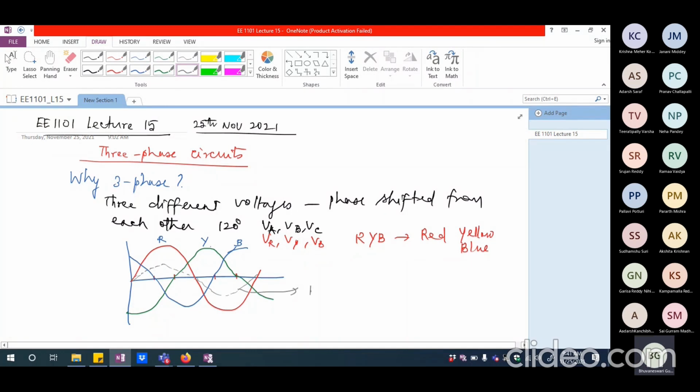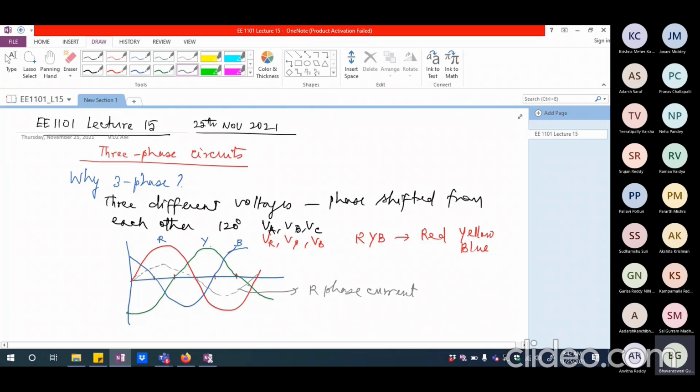If I'm talking about R phase current, this is how it will be. So the power will be oscillating in every phase because all of them are sinusoidal in nature. So I'm not going to have a constant power. But when I add three phase powers, because all of them are oscillating, the sum of all of them will be a constant in the three phase case.